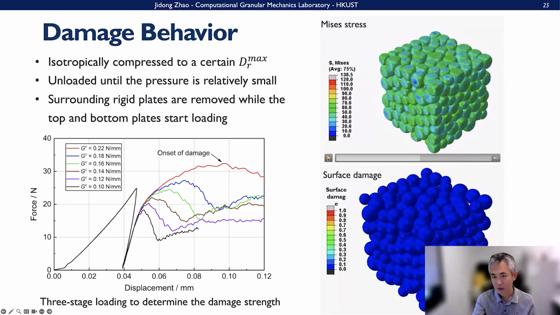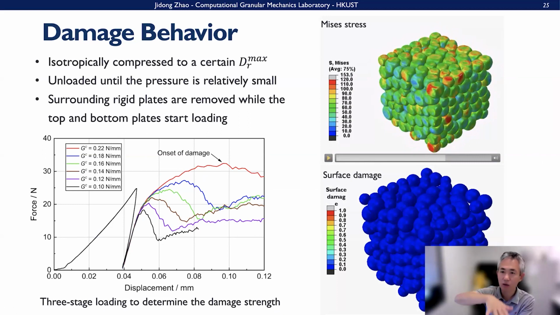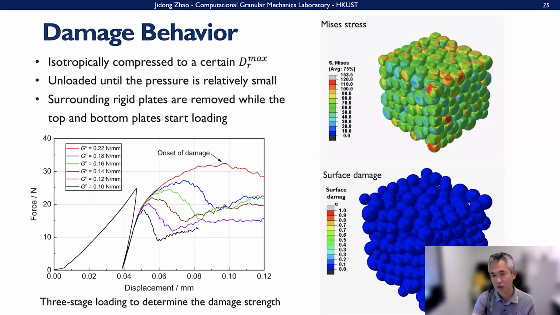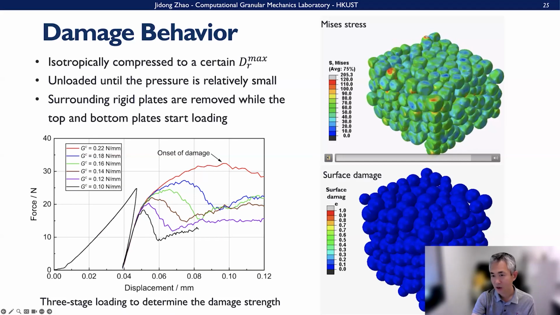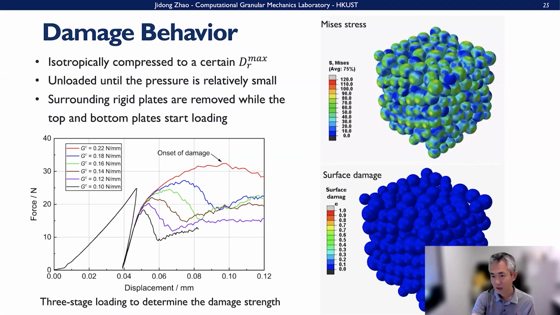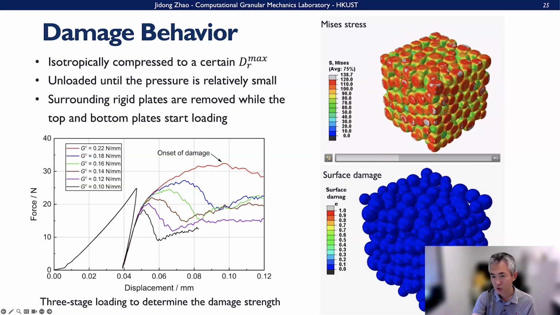This is isotropic unloading. After that, we apply vertical forces on top and bottom, and then we actually compress it, and this compression will generate damage here, right? Generate damage here, and then in some parts the cohesion can be totally removed.